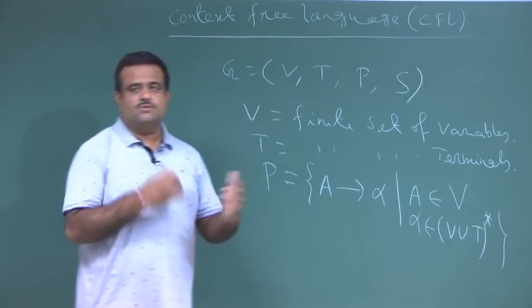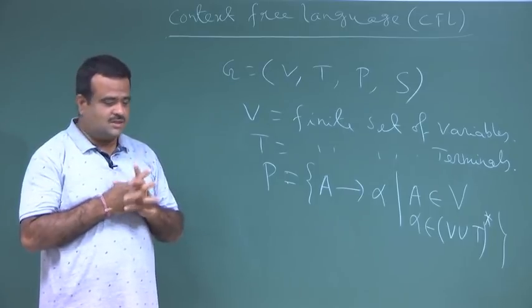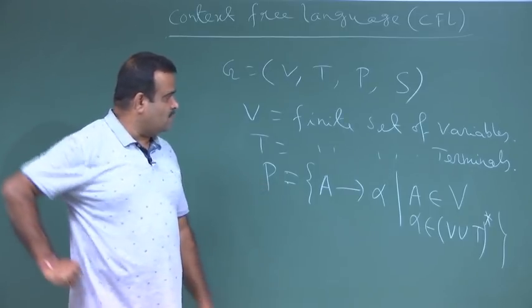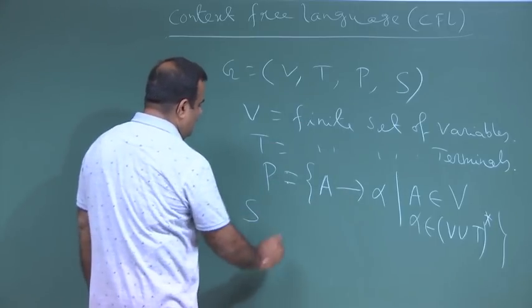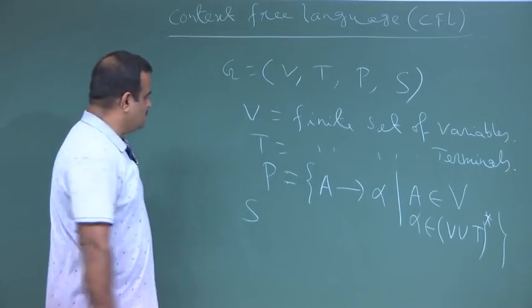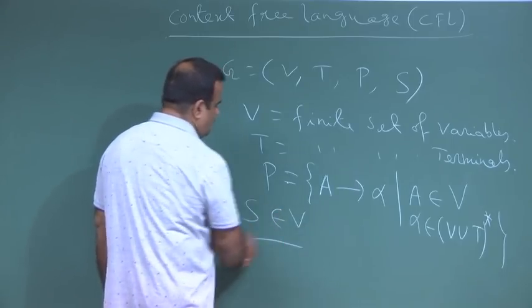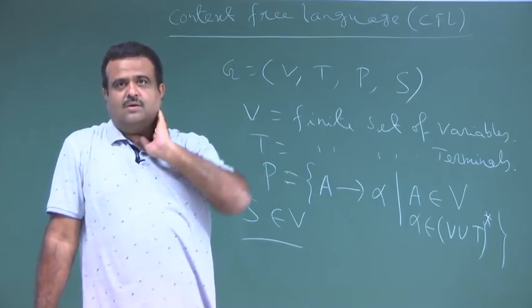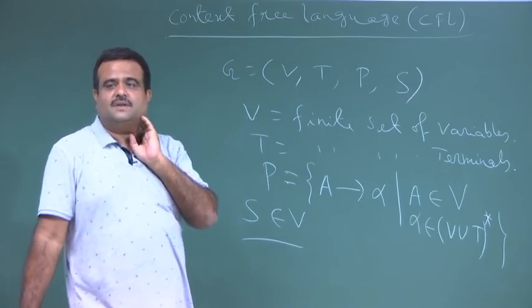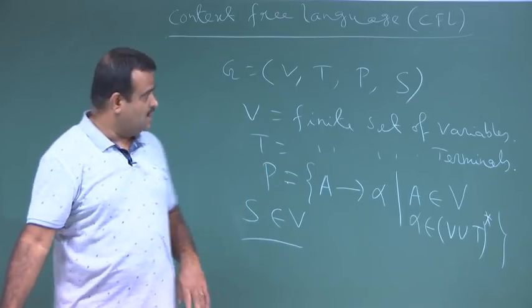All such production rules is the P, and S is a special variable coming from V, which is the start variable. Any such 4-tuple is called a context free grammar.